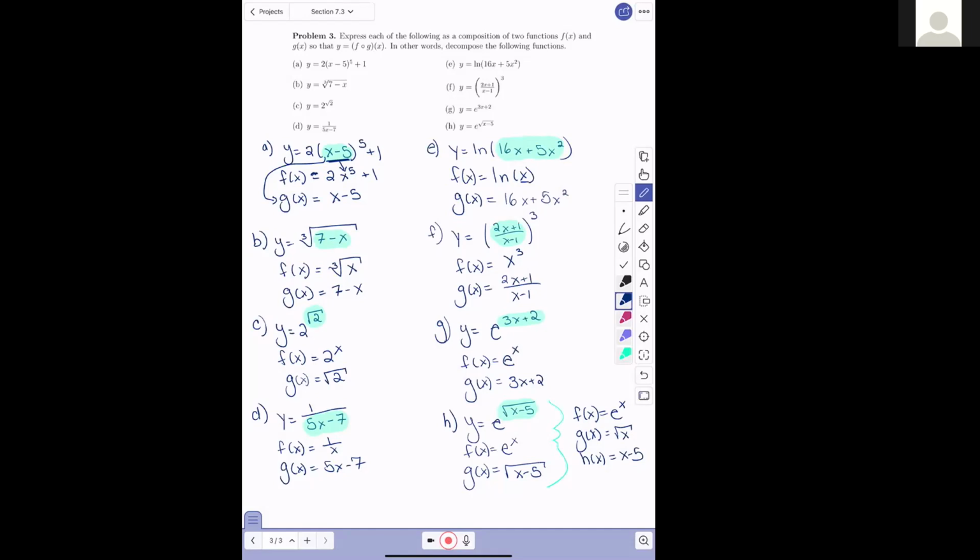So this one is nested in 3 ways. Then you'd have f of g of h of x. So you could have a triple composed function. But obviously in this case, we're only asked to find f and g when we have f of g of x. So this would be the final answer.